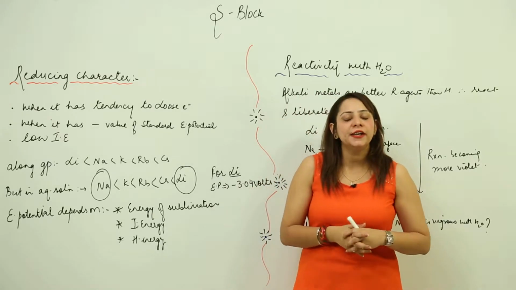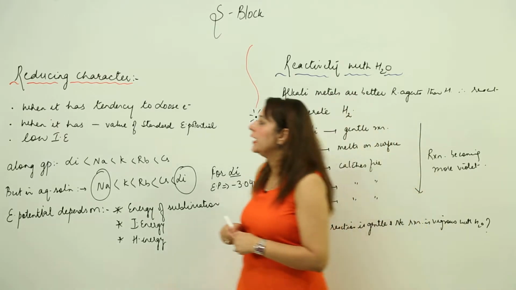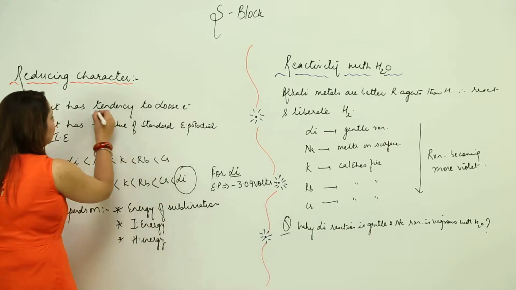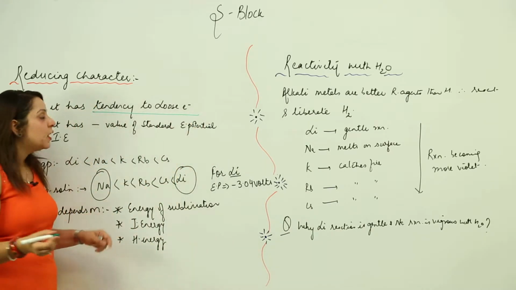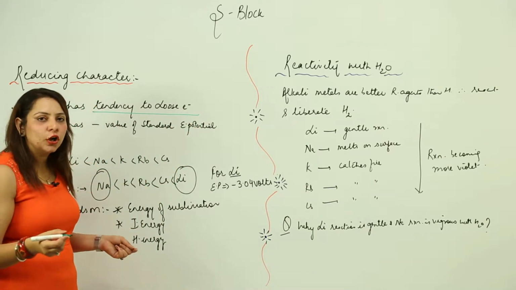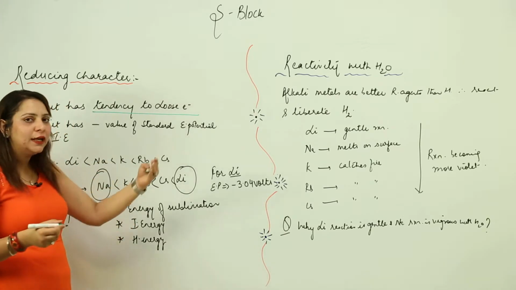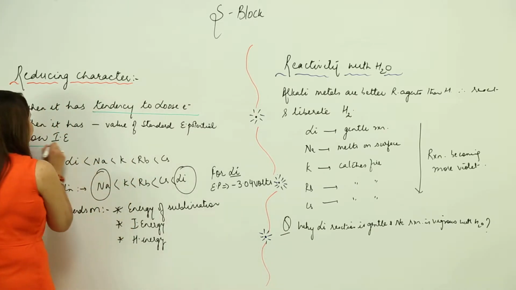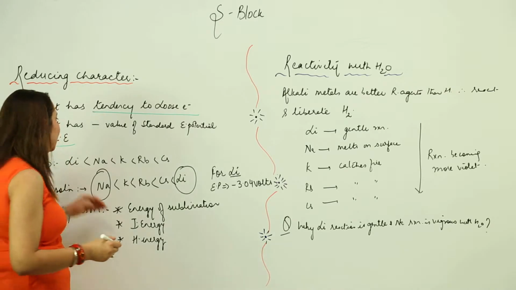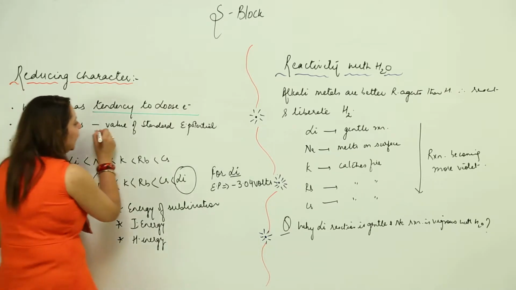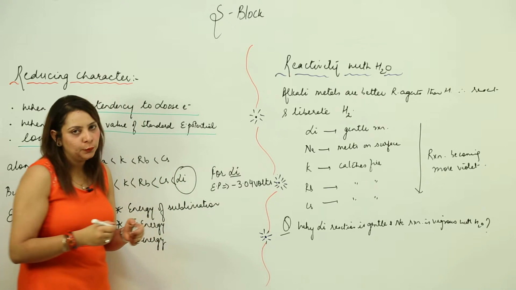As far as the reducing character is concerned, it depends upon the tendency to lose electrons, as I told you. They will have more tendency to lose electrons when they have low ionization energy, and likewise they should have a negative value of standard electrode potential.